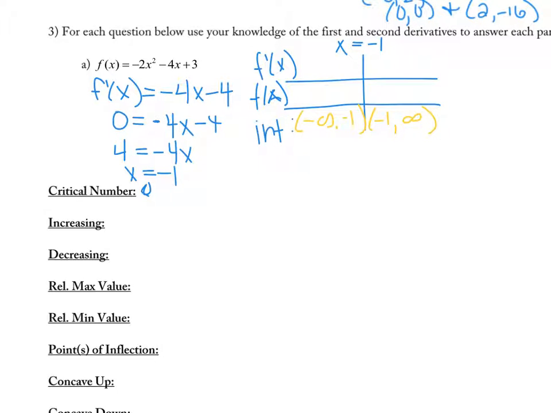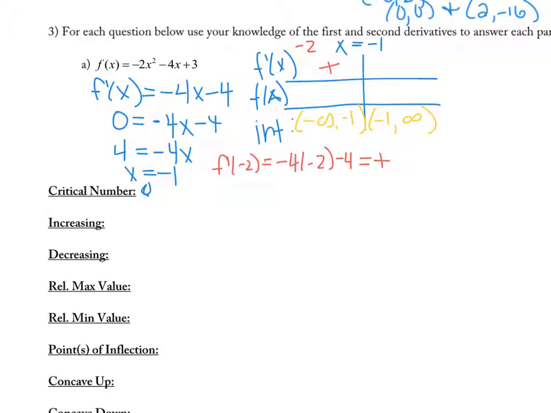So now we need to do some tests. Remember that since we are using the first derivative test, we substitute into the first derivative. So I'm going to test a number over here. I'm going to test negative 2. So f prime of negative 2 gives me a positive number.